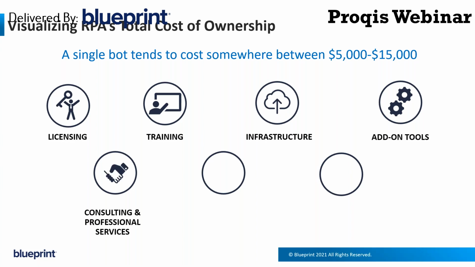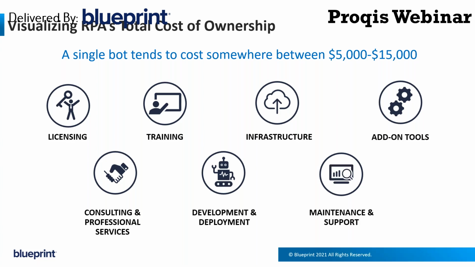The use of consultants and consultancies and professional services to help you with implementation, the cost of employing professionals to develop and deploy the actual automated processes of bots, and arguably the most underrated cost of any RPA program is the effort needed to maintain and support your automated processes, especially when they break, which they do.